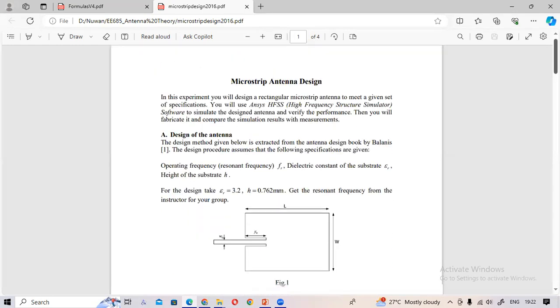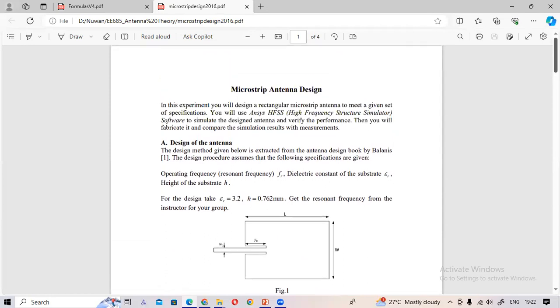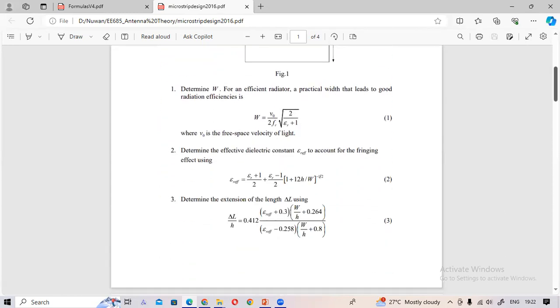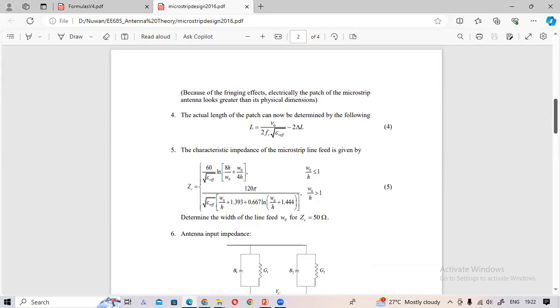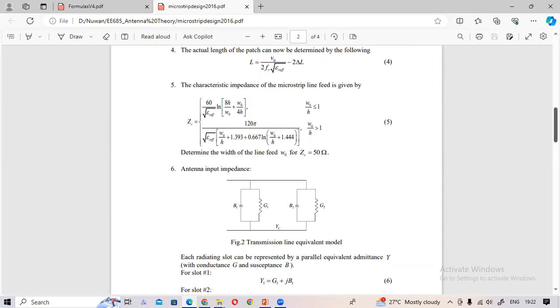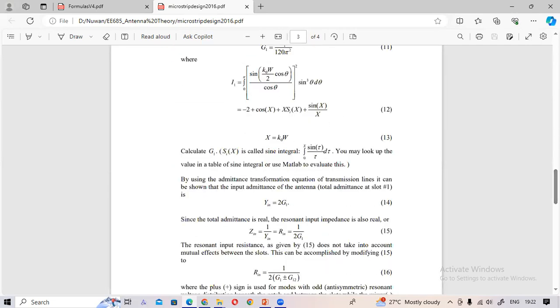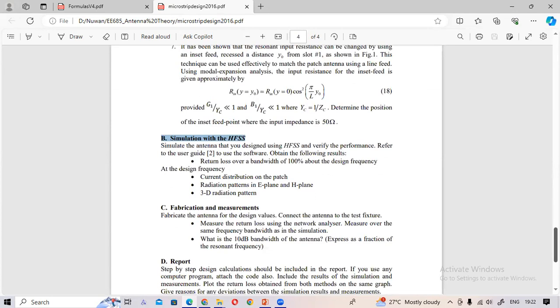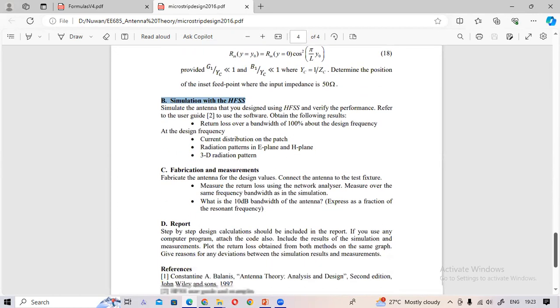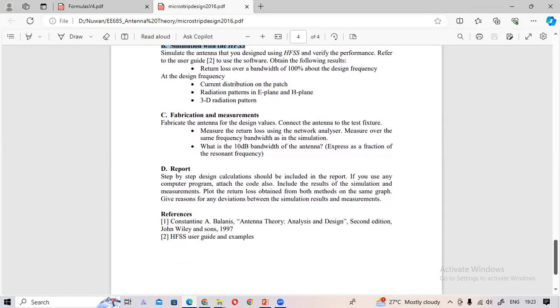This calculation design you have to do, the microstrip design. Calculation you have to do and submit it before the end exam. I will give you the due date. The simulation you can submit later, don't worry, because the simulation things will not come to the exam.